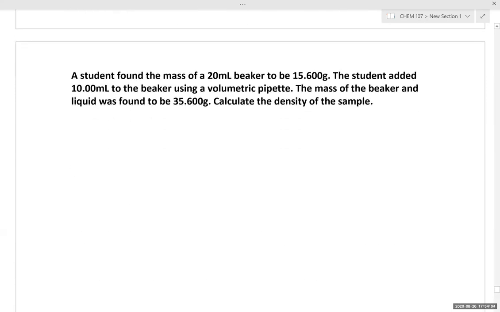And I'd like you now to work on the following example over the next 4 to 5 minutes. So a student found the mass of an empty beaker to have the following mass. They add 10 milliliters of liquid to the beaker, and they have the mass of the combined liquid and beaker. I'd like you from this information to calculate the density of the sample.